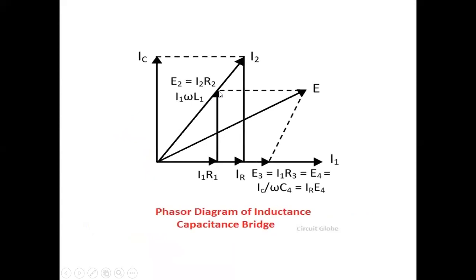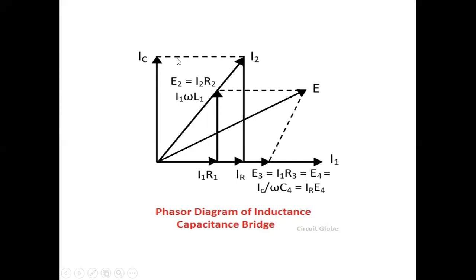This is I1 R1, this is I1 omega L1. The combination of these is E1. E1 and E2 are equal, where E2 is equal to I2 into R2. The voltage across a resistance is in phase with the current, so extend this line, and this is your I2.